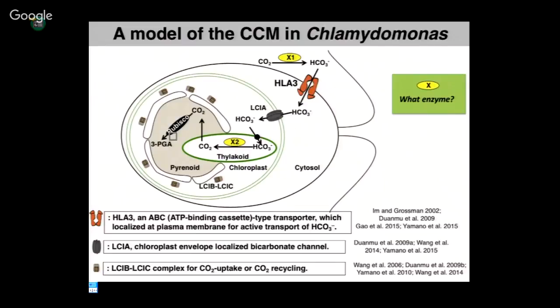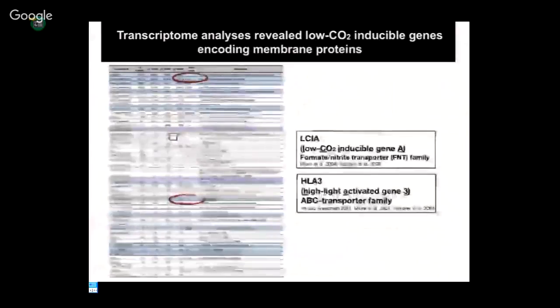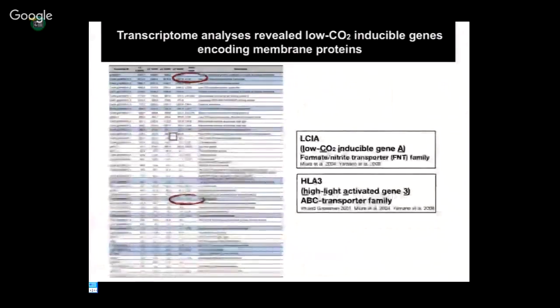So this enzyme is on the list, but you cannot see it. Carbonic anhydrase facilitates the exchange between CO2 and bicarbonate.